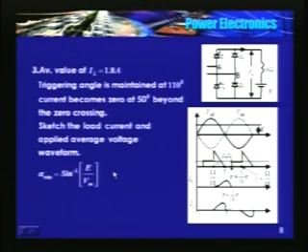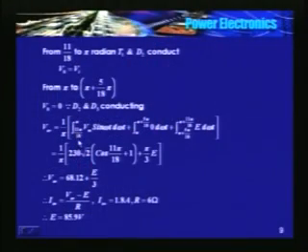So the problem is very simple. I need to find out the average value. It is given by this equation: 1 over pi, from 110 degrees to pi, it is Vm sin omega t d omega t. From pi to 230 degrees, the freewheeling period, it is 0 d omega t.